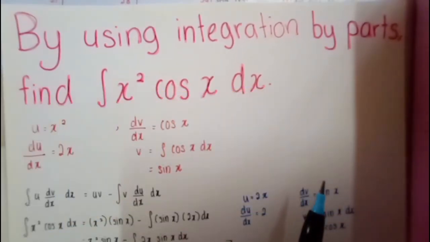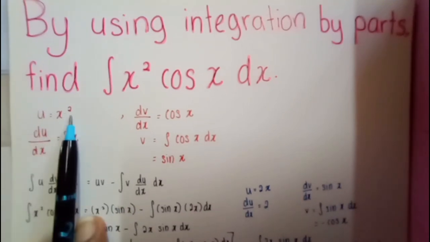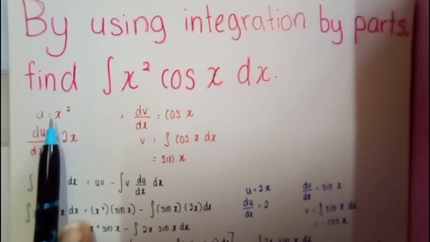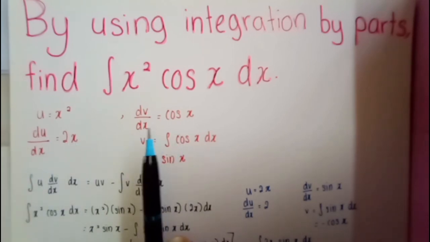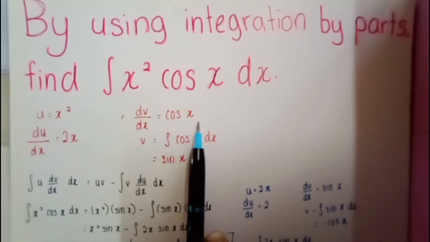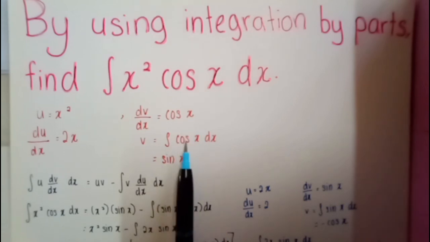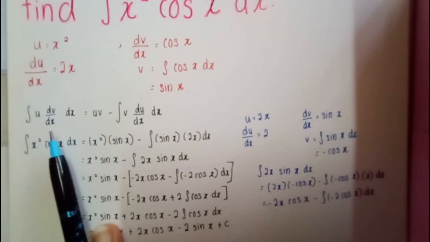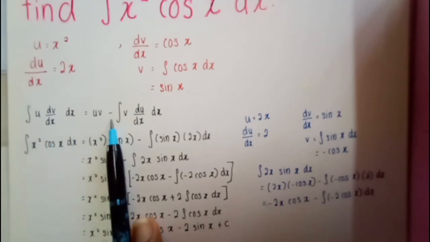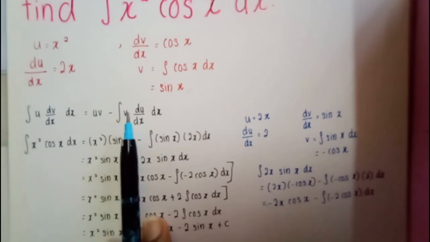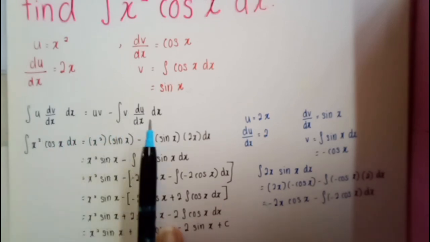So our u is equal to x squared. When we differentiate x squared, it will be 2x. Then our dv over dx will be cos x. When we integrate cos x, it will be sin x. Integrate u dv dx equals uv minus integrate v du dx is the general form of integration by parts.